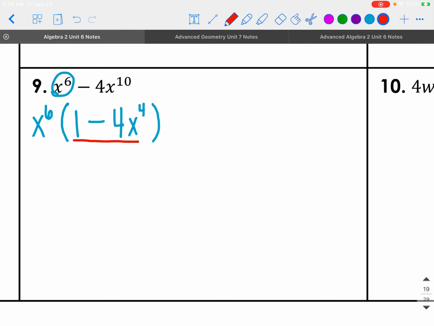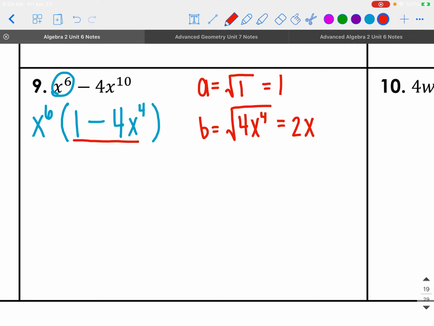So now when we go to do our A and B, we only look at what's left in the parentheses. So my A is the square root of 1, which is 1. And my B is the square root of 4x to the 4th. When we have multiple things, you just take the square root of each part. What's the square root of 4? 2. What's the square root of x to the 4th? X squared.